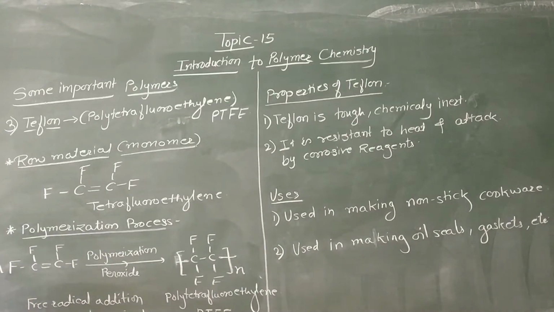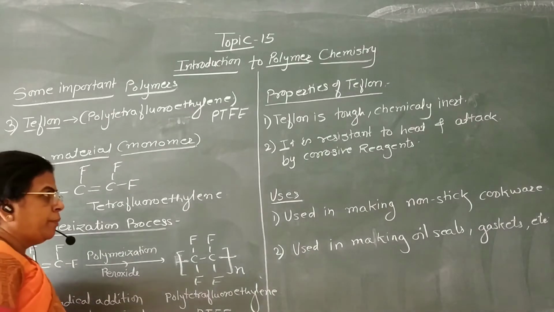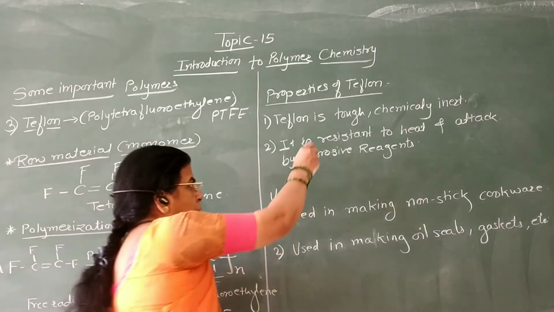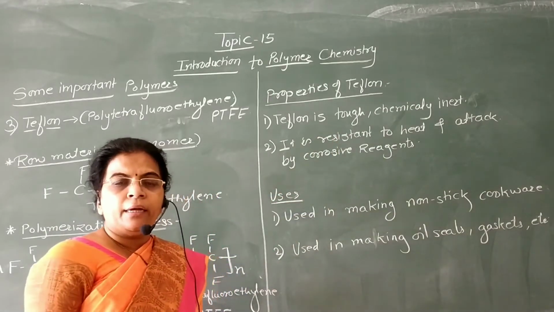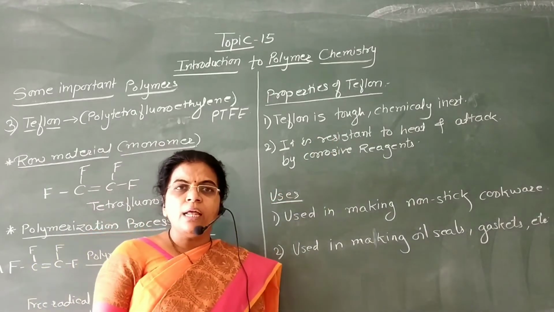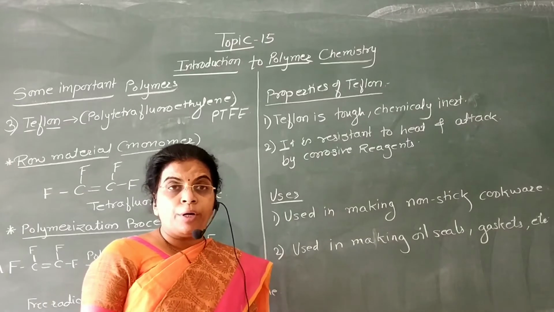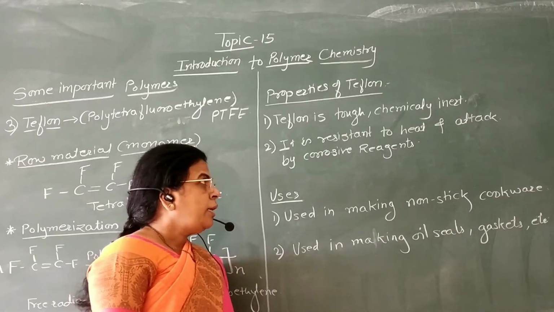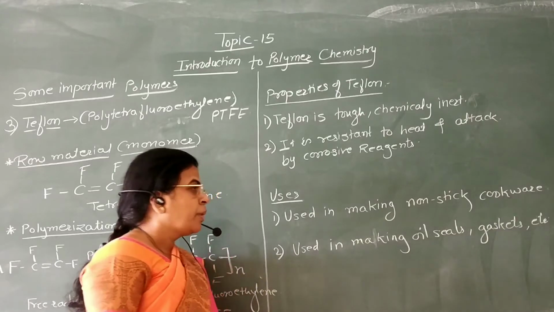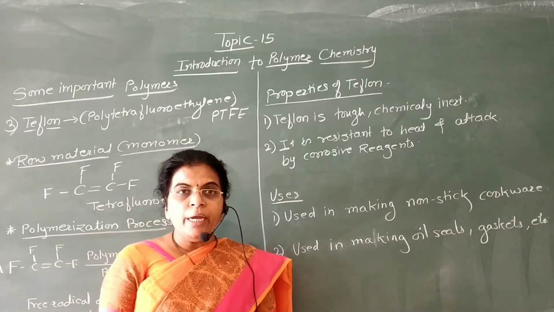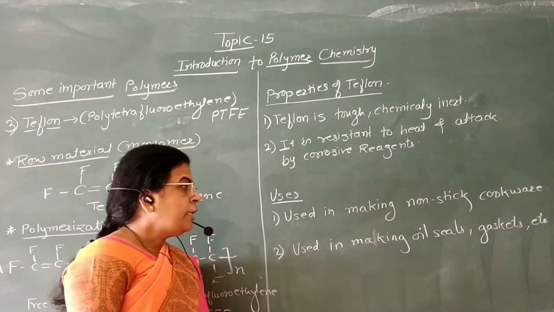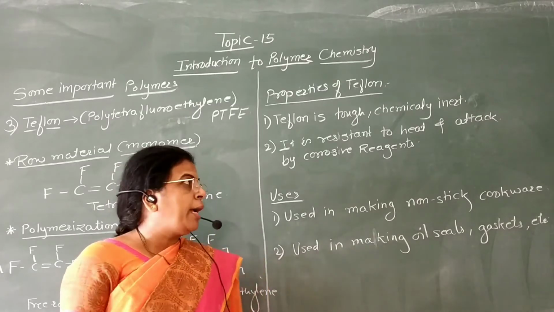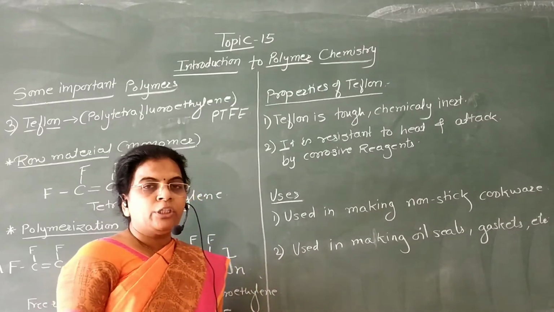Now we are going to see the properties of Teflon. Teflon is tough and chemically inert. Inert means less reactive or not reactive. They are resistant to heat and are not easily attacked by corrosive reagents.